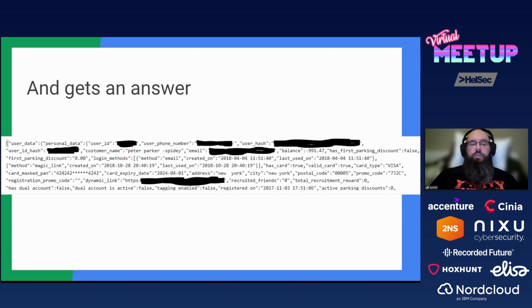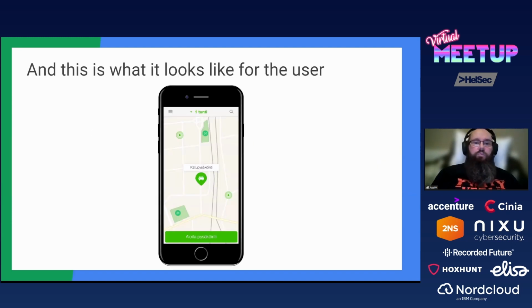So if you store the user data on the device and sync it or just store it there, it's not a good practice because it's not stored centrally in the backend. And this is what it looks like for you. So you are on the street and you can see where the parking spots are. So it's just a presentation layer. Should be just a presentation layer.